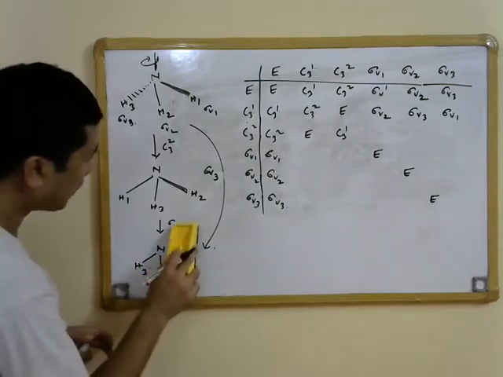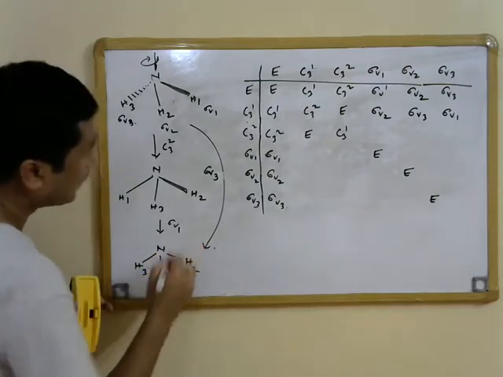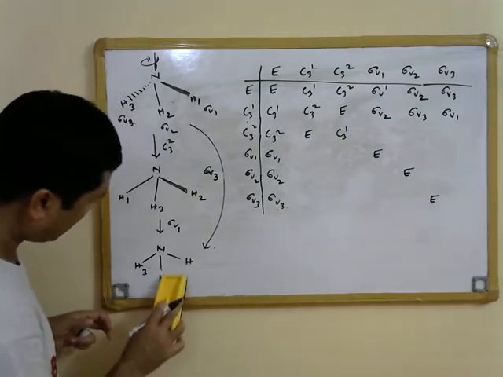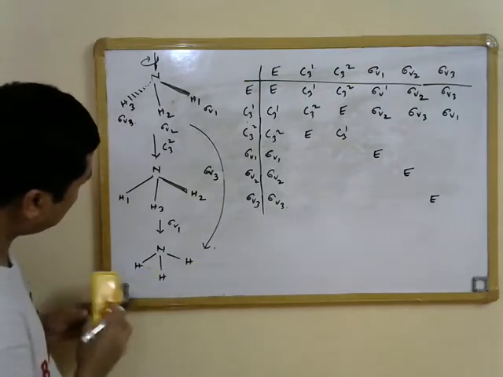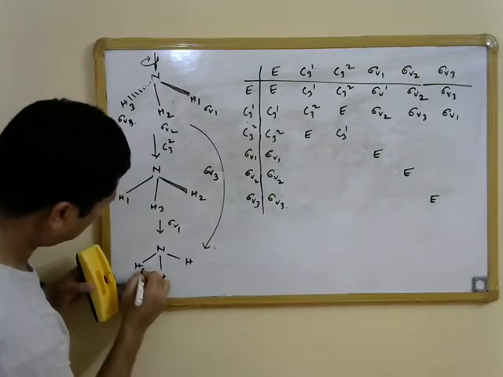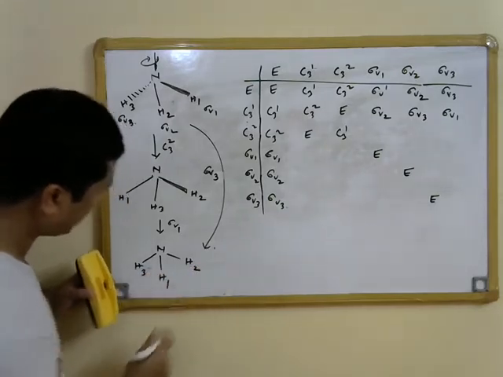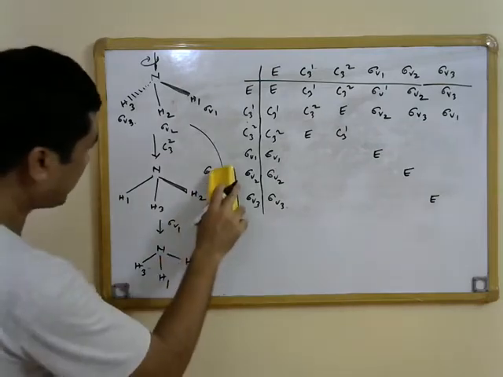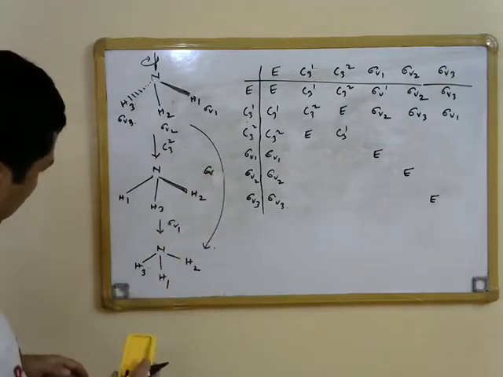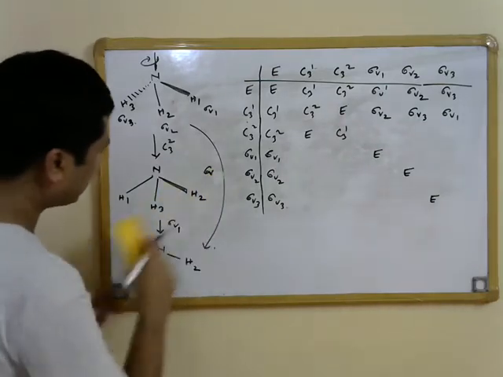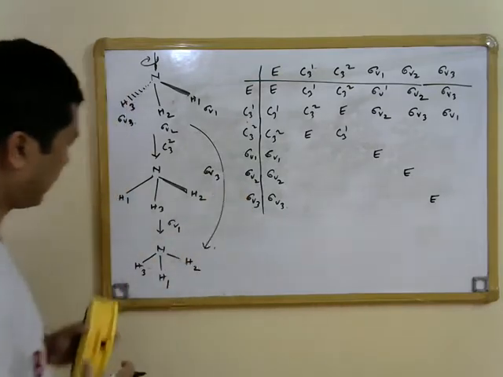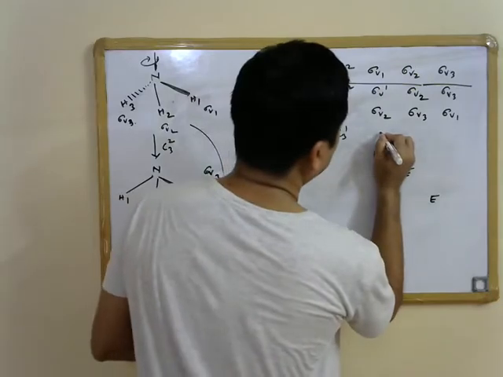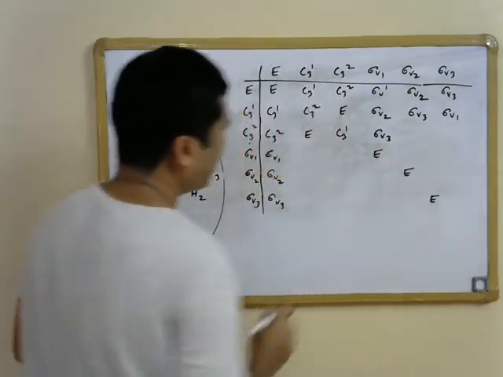And when we do sigma V1 over here, then it is 1, and this is 3, and this is going to be 2. So this product we can get here directly when we do sigma V3. So C32 sigma V1 is sigma V3.